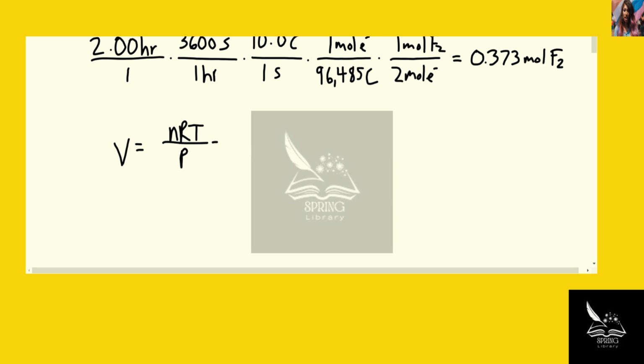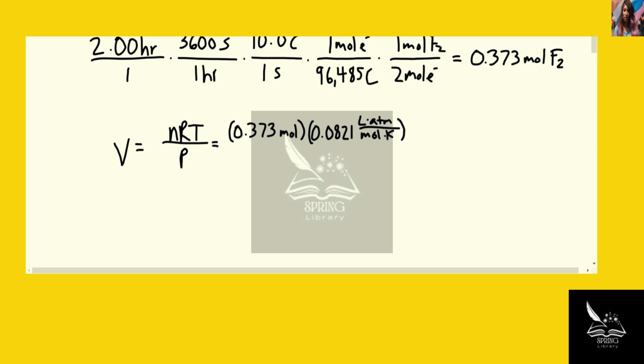n is the number of moles, which we just solved for. That was 0.373 moles of F2 gas. R is the ideal gas constant, so 0.0821 liters times atmospheres per mole times Kelvin.